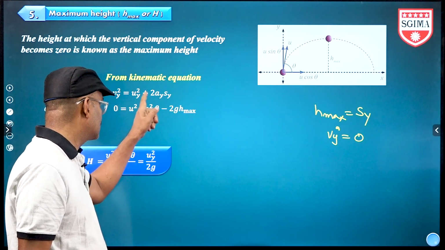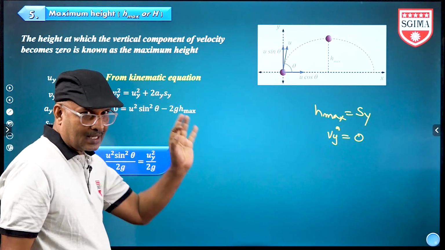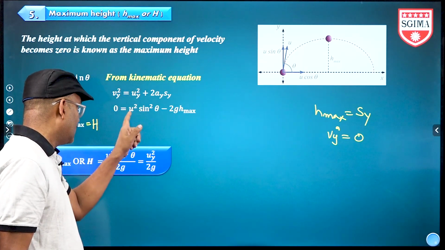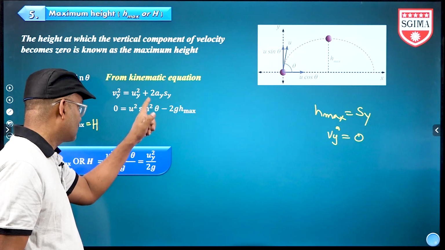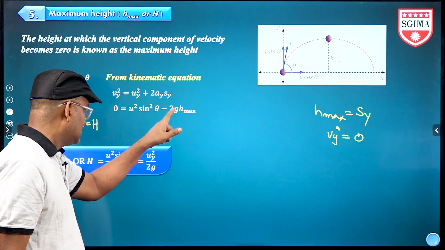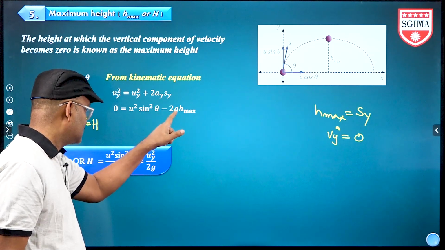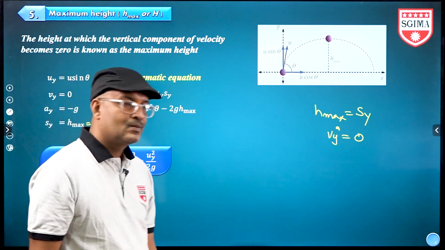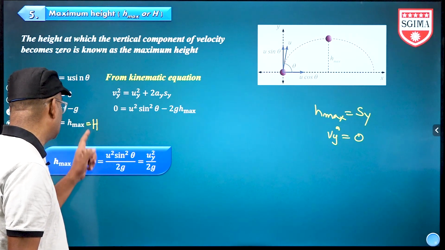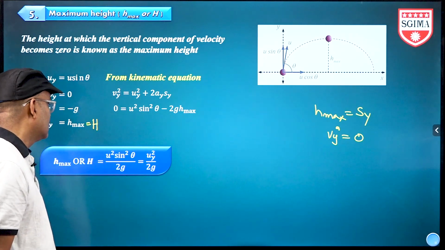I am using the formula V square minus U square is equal to 2As along the y direction. So, Vy square is 0, Uy is u sin theta whole square, minus 2, Ay is minus g, Sy is h maximum. That Sy is h maximum, I am saying, is equal to h.